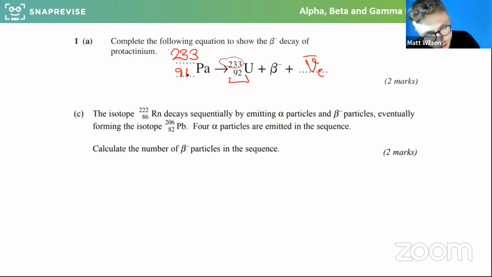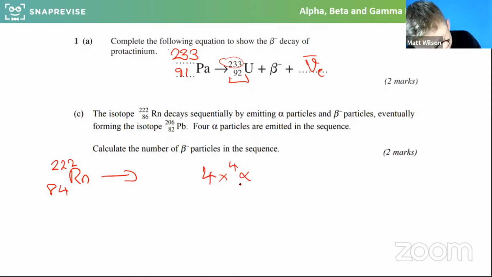Well, if we start with Rn-222, 86, and then we emit 4 alpha particles, 4 lots of alpha, well, 4 here and 2 here. What happened to our proton number or atomic number?